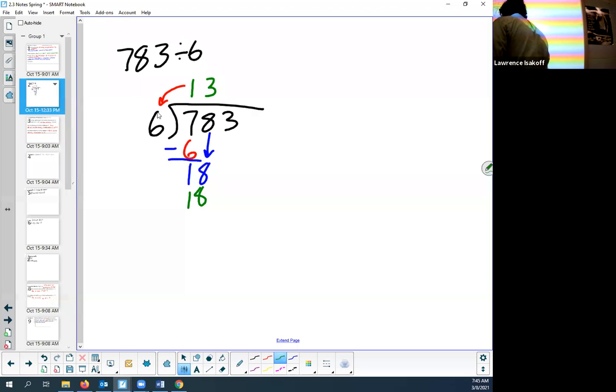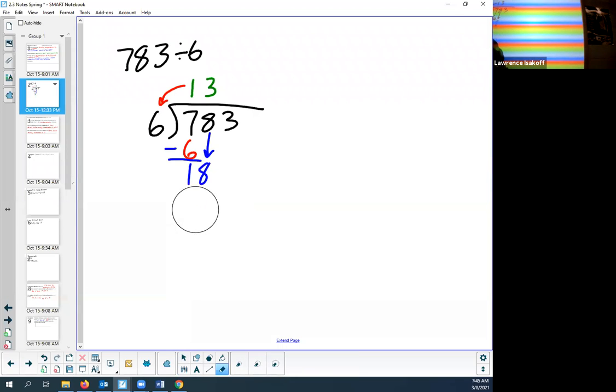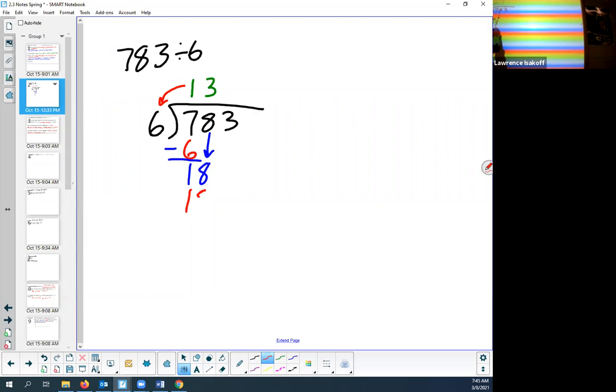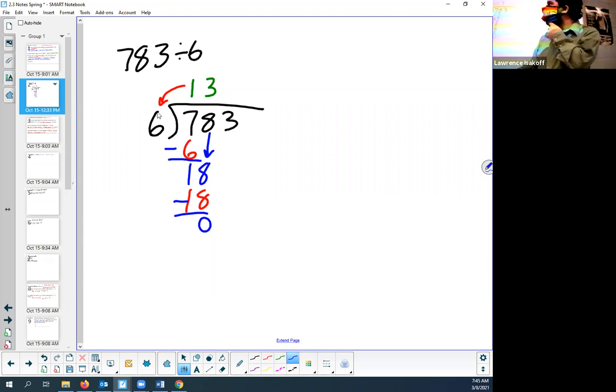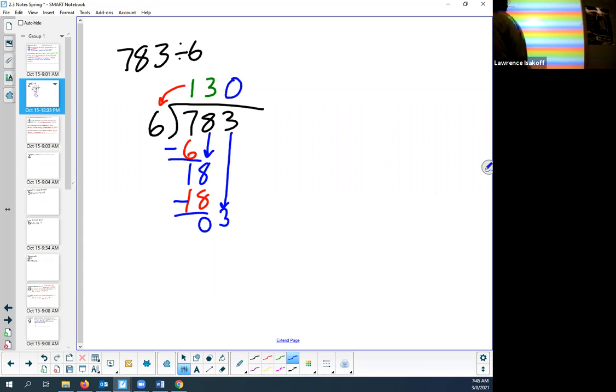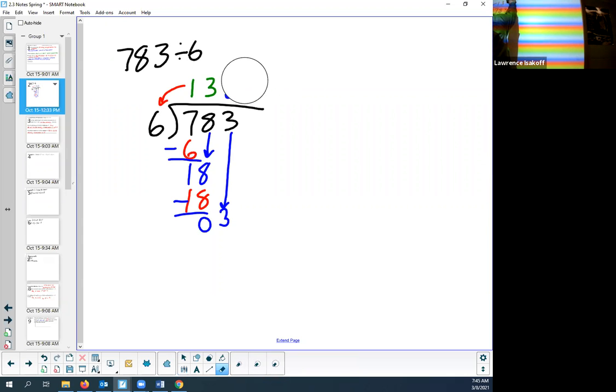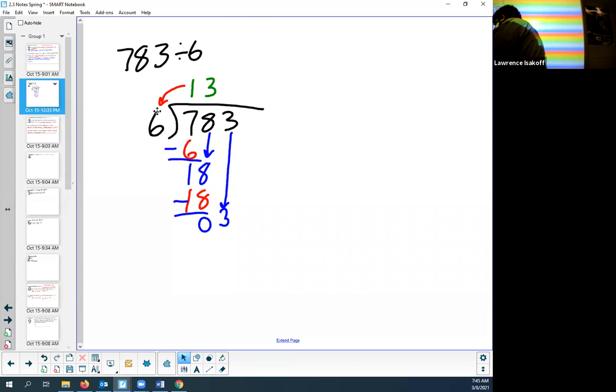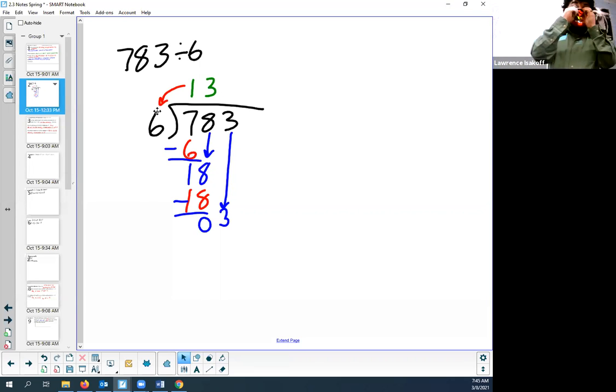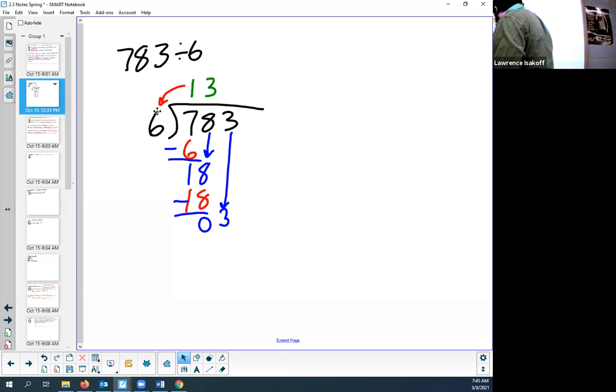Let me keep my colors consistent for each step. That was to multiply: 3 times 6 is 18. Then we subtract, and in this case I get 0. Bring down the next number. Does 6 go into 3? No, so we put a 0 in there. Zeros are going to be less common, not impossible, when we're doing polynomial division, but I've got to tell you right now, that's going to be pretty uncommon.